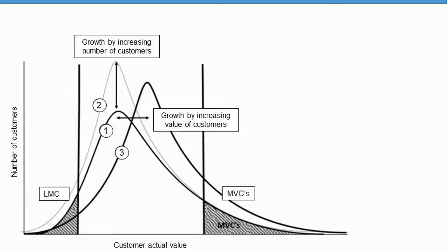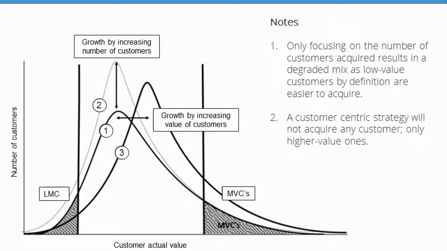So start with number 1 line, the bell-shaped distribution curve, as the baseline. Where the sales force typically wants to go is to curve number 2. Let's just get more and more customers, sell to more and more. But with the information we're talking about here, we don't necessarily need more customers. We need more valuable customers. So we're really looking for the distribution curve to the right.